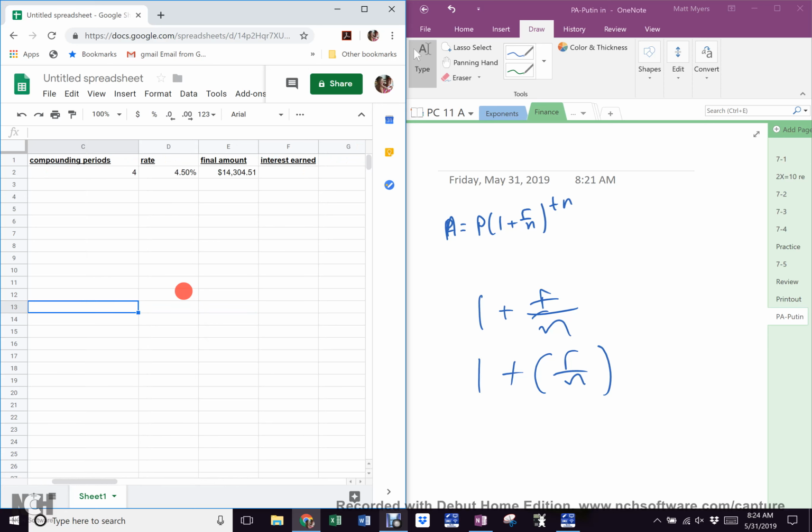Now, interest earned. What is interest earned? I put in 10,000, I got 14,304.51. How do I find the interest? Isn't it final minus initial? Final minus initial. So equals E2 minus, and I don't need to click on A2.